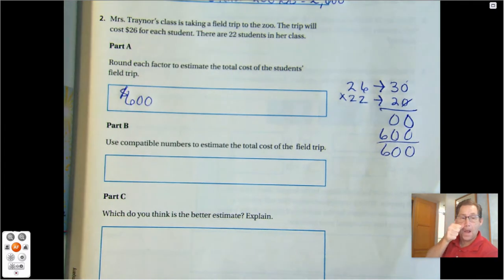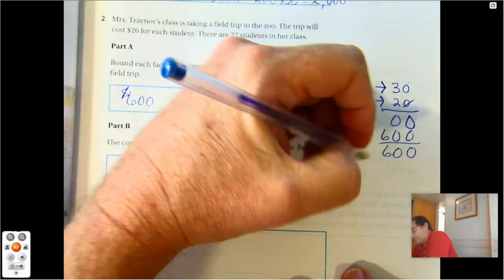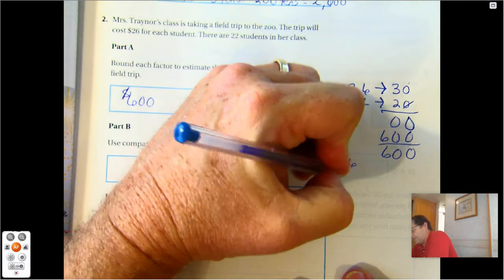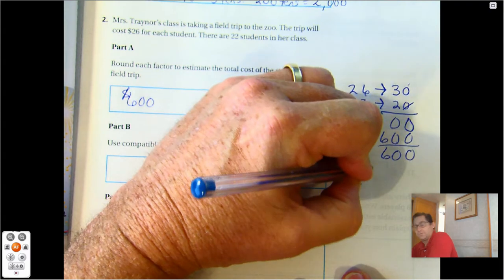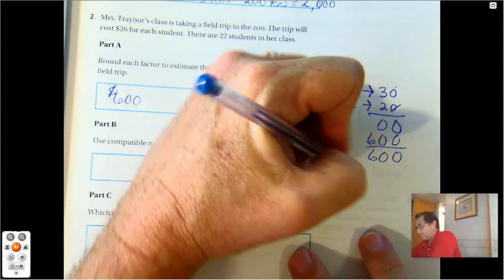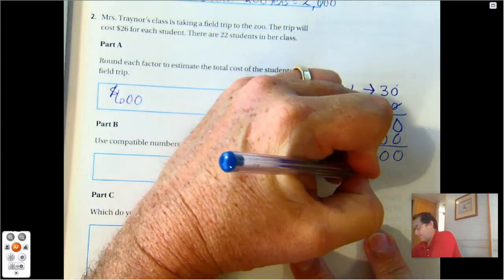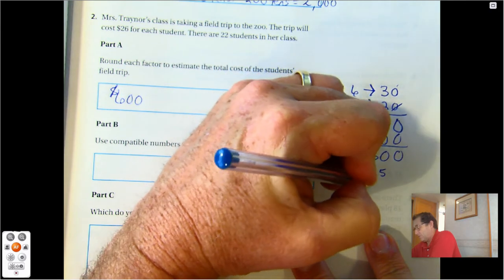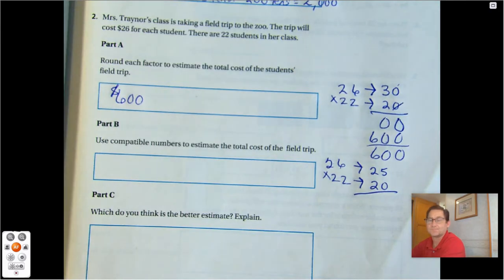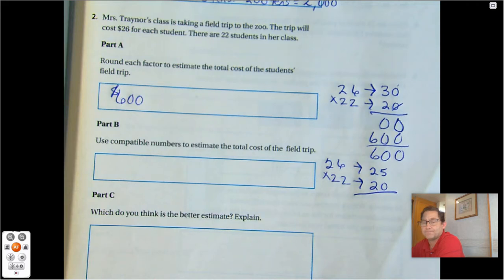Okay. Now use compatible numbers to estimate the cost of the field trip. This time we still have 26 times 22, but we're going to change the 26 to 25, and we'll change the 22 to 20. And so 25 times 20.